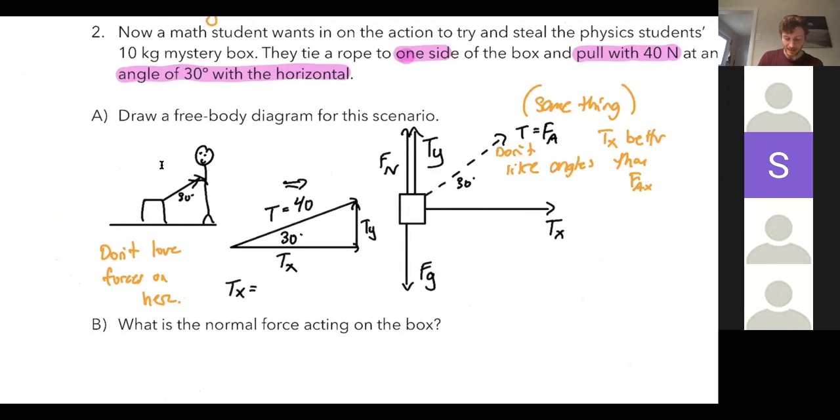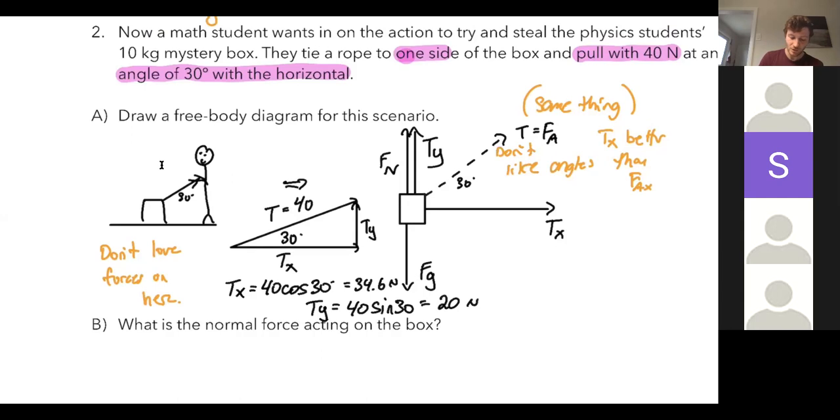We know that TX is going to be 40 times the cos of 30 degrees, and we could even go a step further and find that. That's going to be 34.6. And we know that TY is going to be 40 times the sine of 30 degrees, which is going to be 20 newtons.